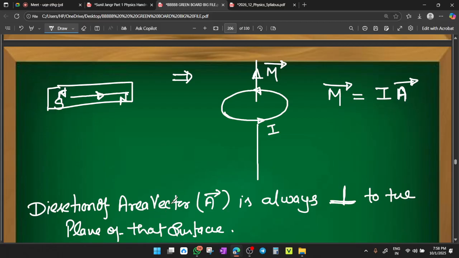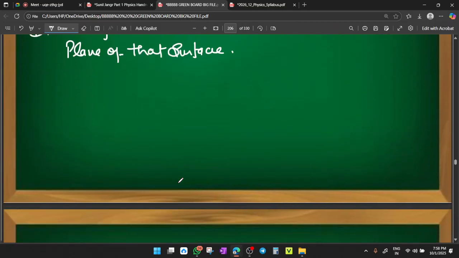I want to give one more interesting clarification regarding this. Look here, this is a current carrying loop, and if you see it from the upside, this is the anti-clockwise movement of the coil, right? So from the upside, it is the north pole.